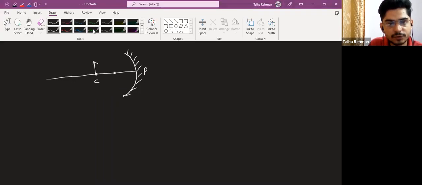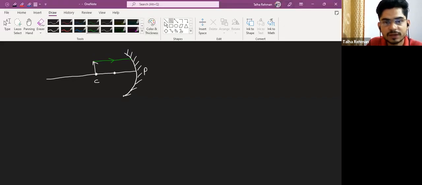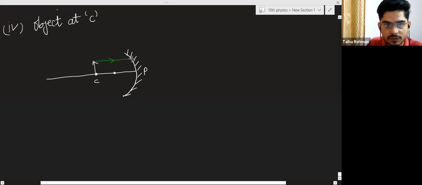Now what I will do, the ray from the object will strike the concave mirror, and it will be parallel to the principal axis. If the ray is parallel to the principal axis, then the ray will pass from the focus. This is focus. We know this very well.